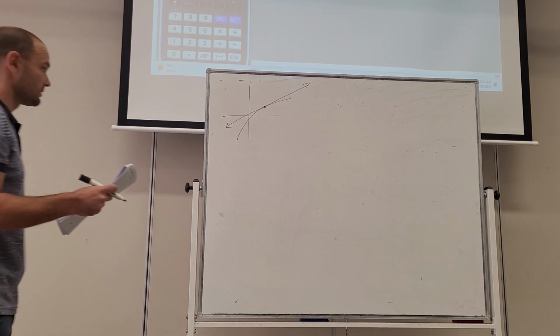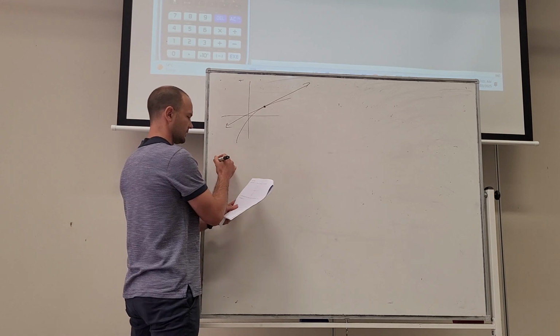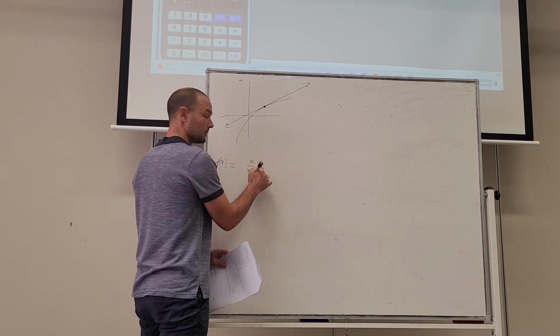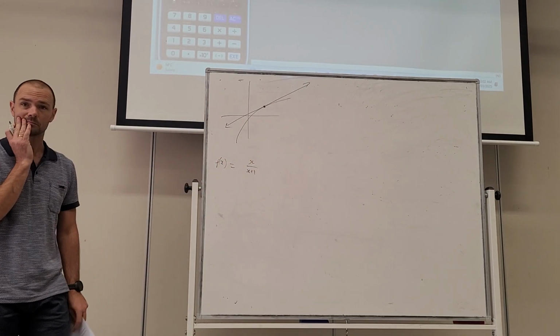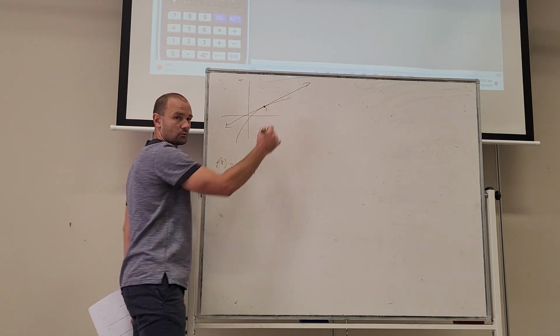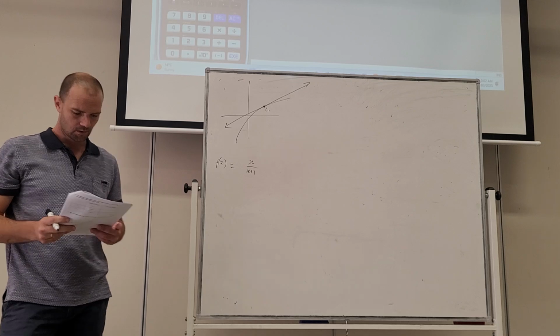Okay, part B says determine f dash of x. So we have f of x is x on top of x plus 1. It touches at x is 1, because we're drawing the tangent at x is 1.